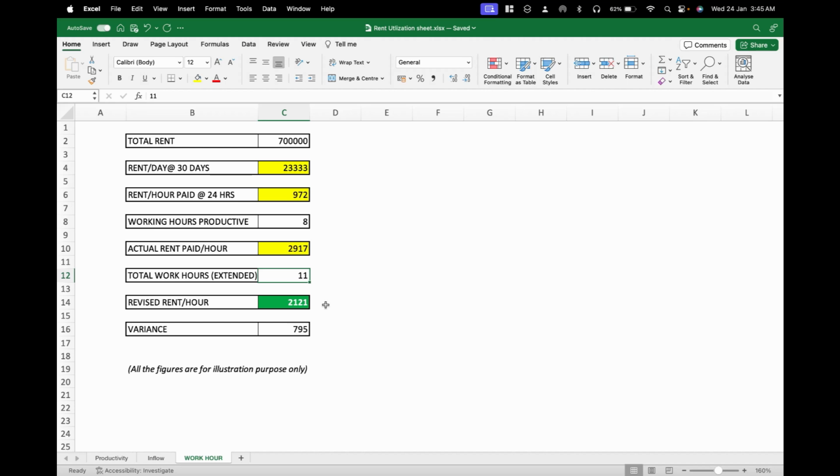It means without reducing the rent, we have brought the revised rent per hour down to 2,121 rupees, saving 795 rupees per hour. So this turns into profit. It is very important to manage the fixed cost like this.